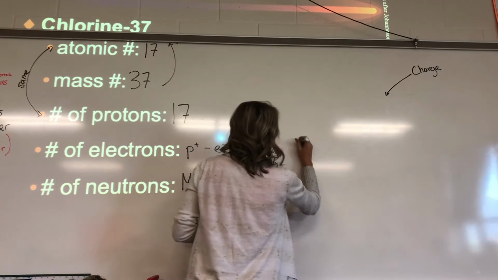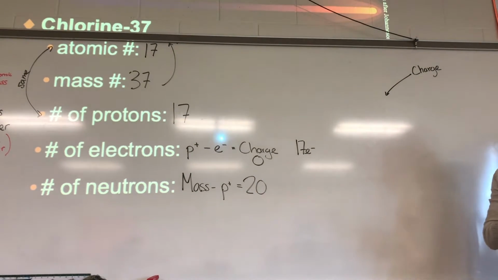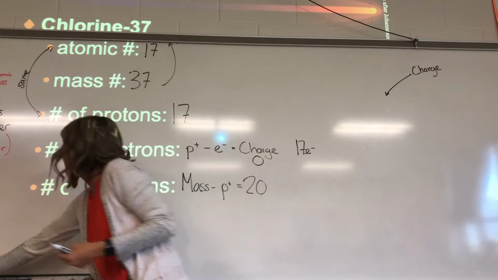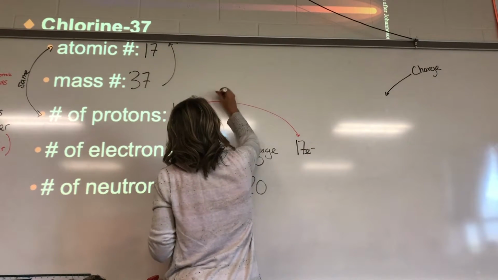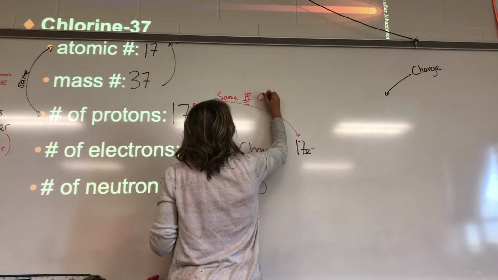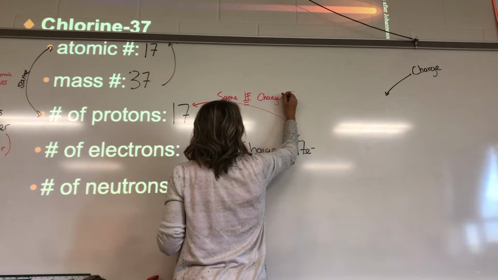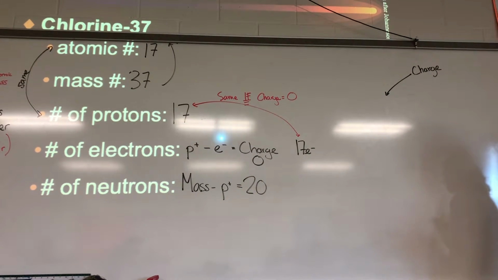So my number of electrons is 17. These two things will be the same. So protons and electrons are the same if the charge equals 0. Because in order for a charge to be 0, you have to have the same number of positive things as you do negative things.